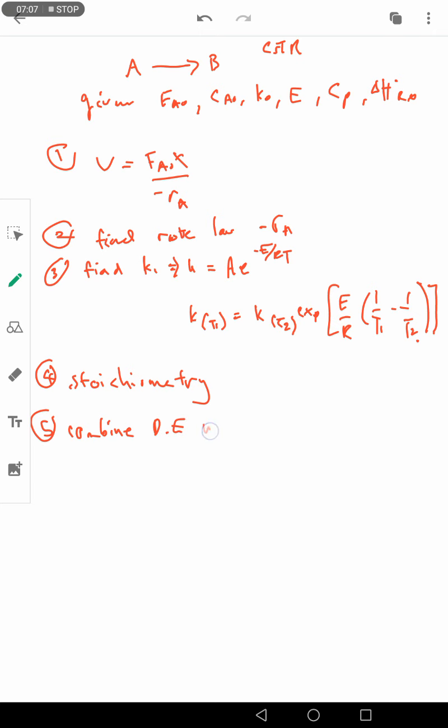Kemudian you have to combine the design equation dengan rate law, yang mana rate law you ni you dah masukkan siap-siap you punya nilai K and also you punya stoichiometric. Okay, you dah masukkan siap-siap, you kena combine.